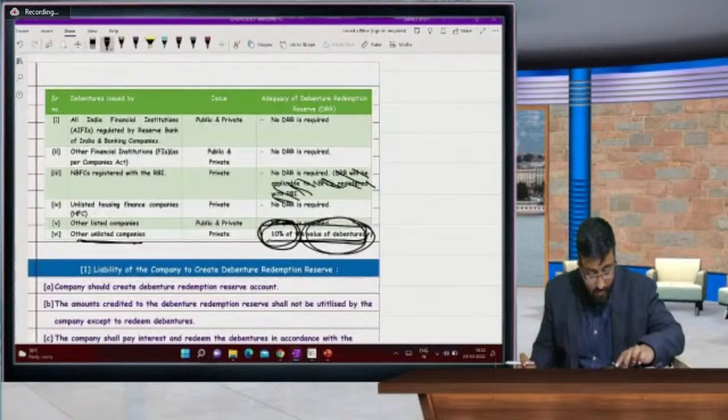NBFC registered with, yes. Okay. So please this sentence, yes, cancel this.